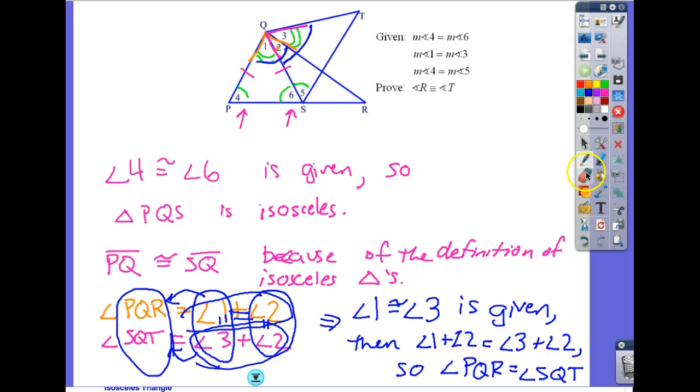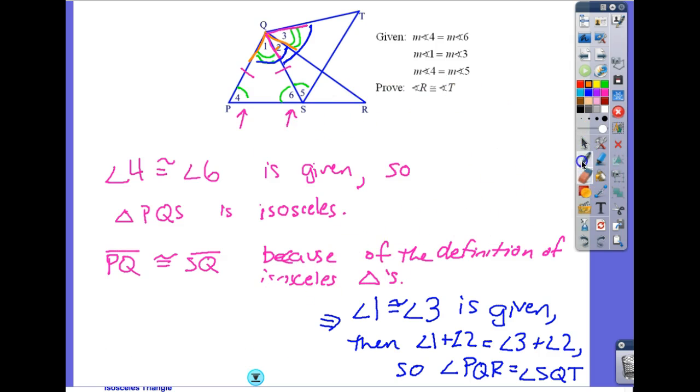So I will erase all that confusing stuff. I have all the necessary information to say triangle PQR is congruent to triangle SQT by angle, side, angle.